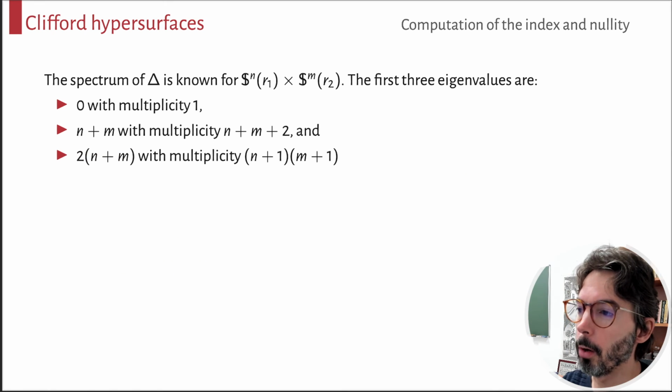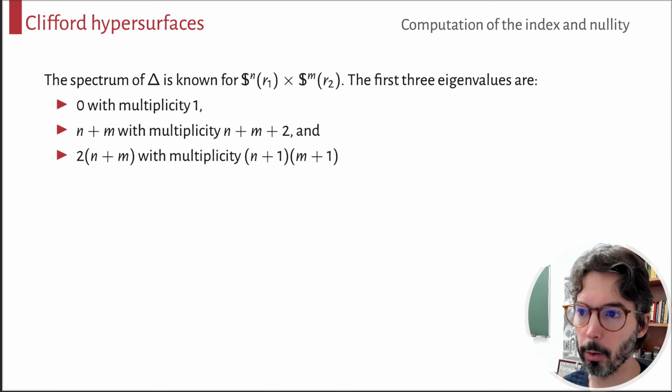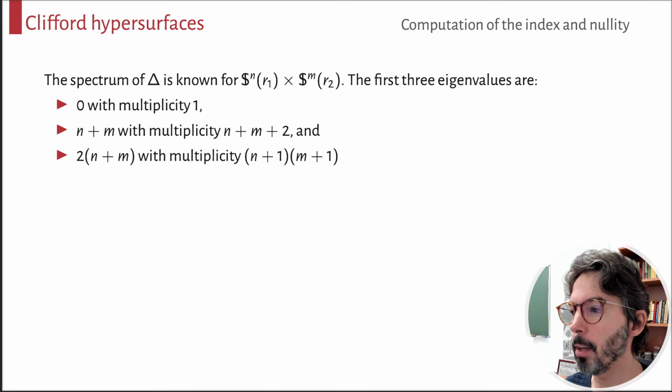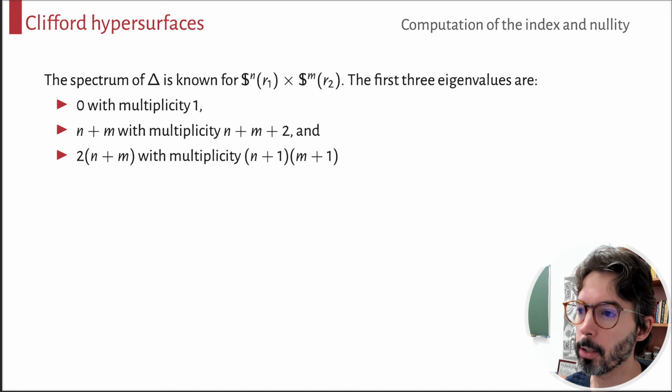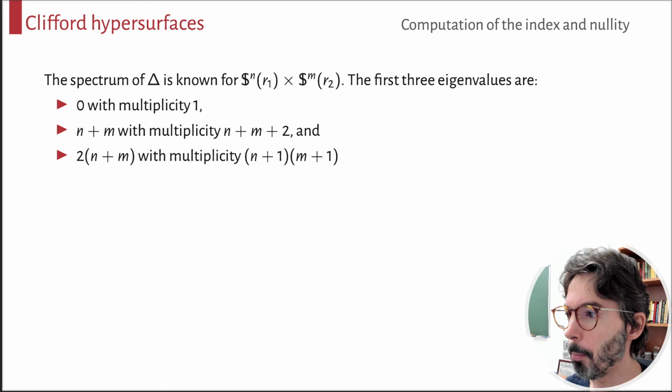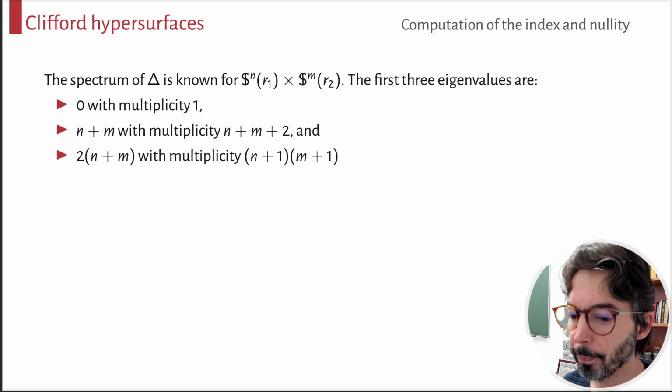First, the spectrum of the Laplacian is known for this product of spheres, and the first eigenvalues are the following: 0 with multiplicity 1, n plus m with multiplicity n plus m plus 2, and 2(n plus m) with multiplicity (n plus 1) times (m plus 1).